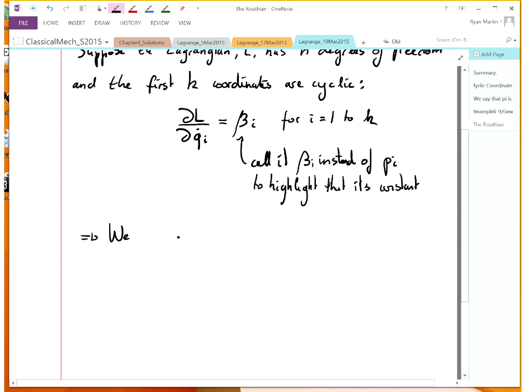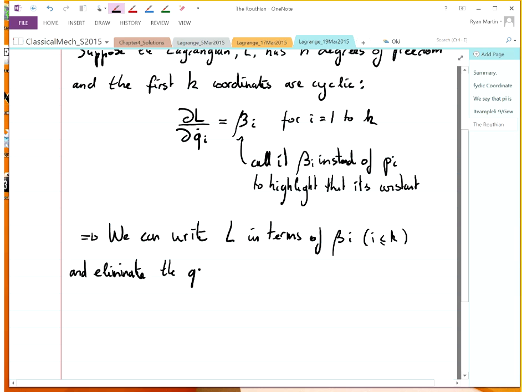So we can write L in terms of beta_i for i less than or equal to k, and eliminate the q̇_i for i less than or equal to k.